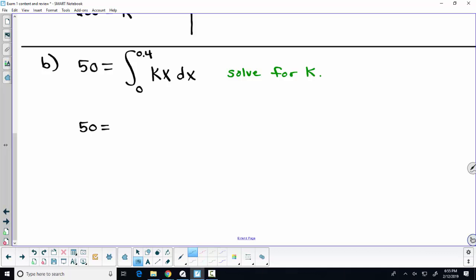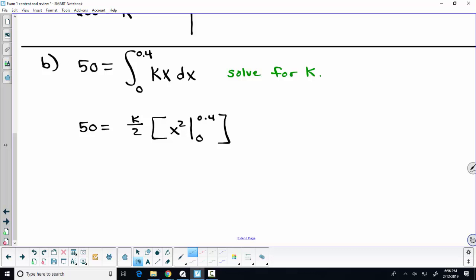So we got 50 equals, we'll say it's K times x squared from 0 to 0.4. Is that okay? K is a constant.